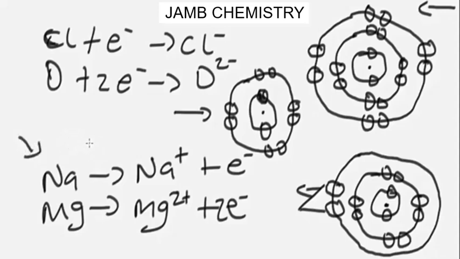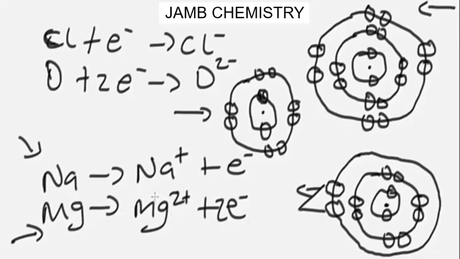So they will lose 1 electron to attain stability, and they form a single positive charge. Whereas elements in group 2 of the periodic table will lose 2 electrons because they have 2 electrons in their outer shell. Examples of elements in group 2 are magnesium and calcium. So they will lose 2 electrons to gain stability, and they form a double positive charge. That's a 2+ charge.